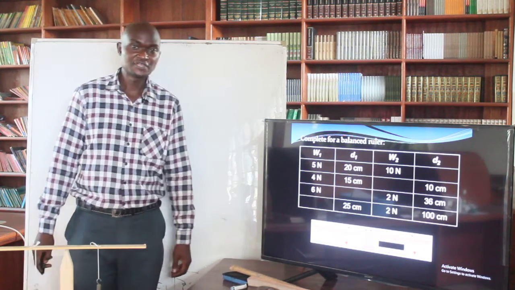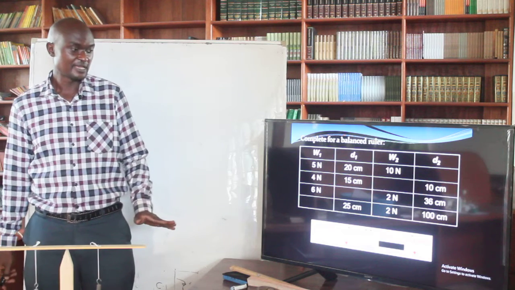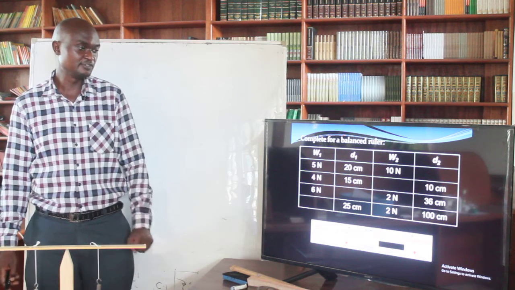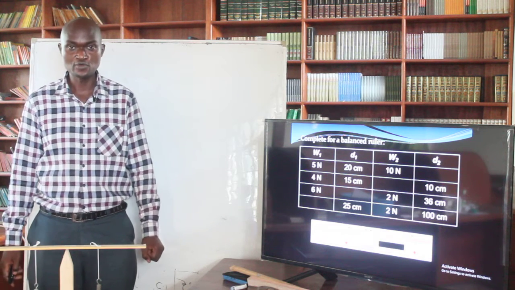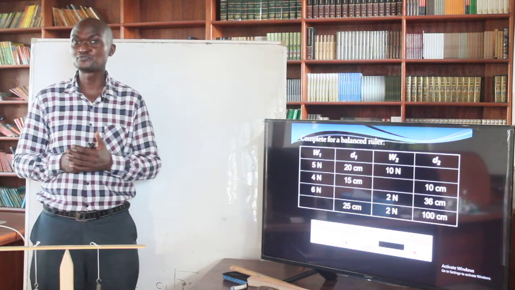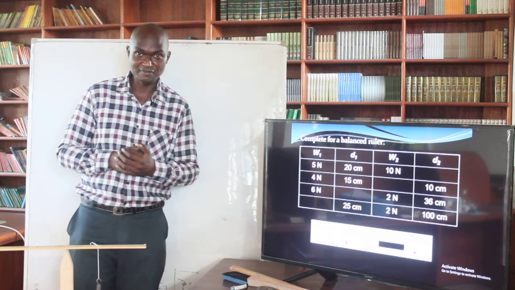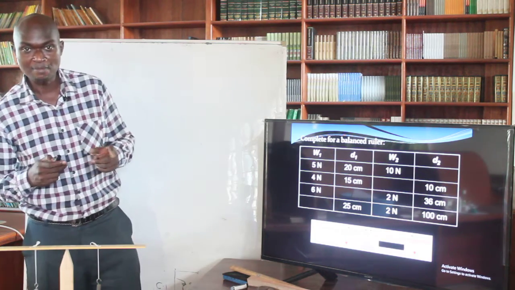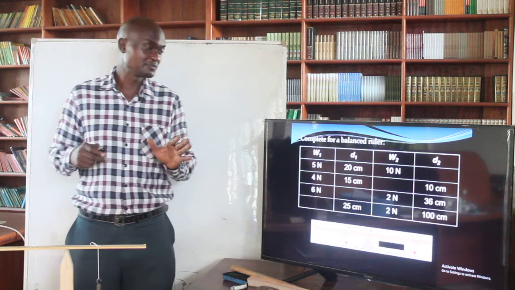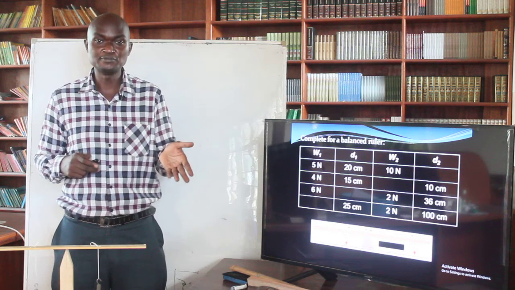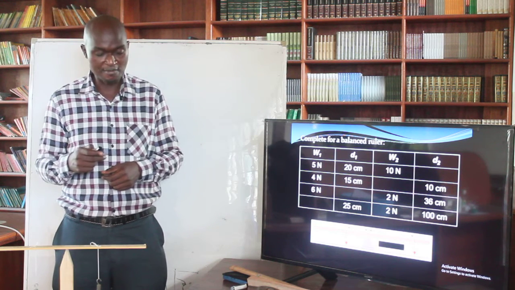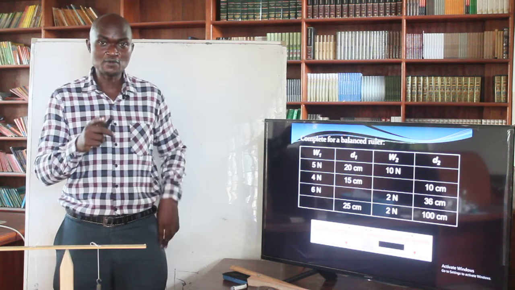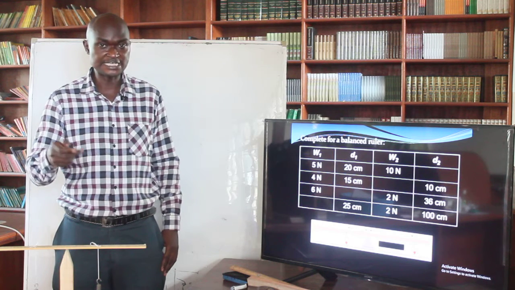So if you have two weights W1, W2, distances D1, D2, and you're given a table like that and asked to fill in the values for the blank spaces, remember, the principle is still that W1 times D1 equals W2 times D2.